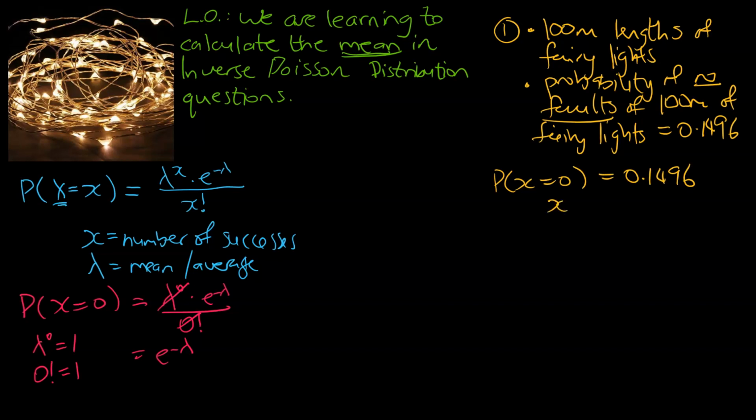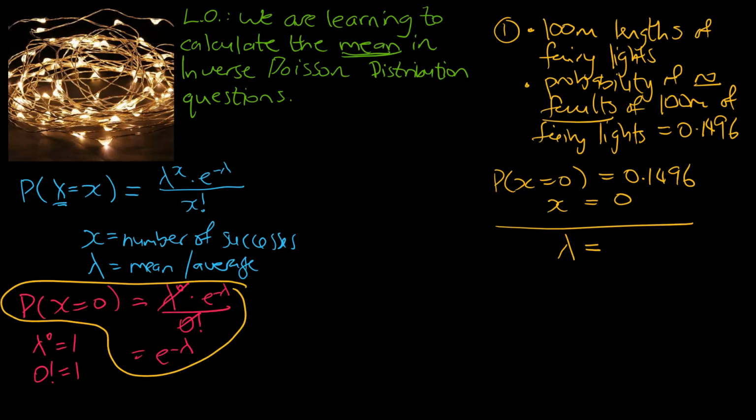We've been told that x will be equal to 0, and that is enough information to figure out lambda. So using the formula, the probability of x being equal to 0 is lambda to the power of 0 times e to the negative lambda divided by 0 factorial.